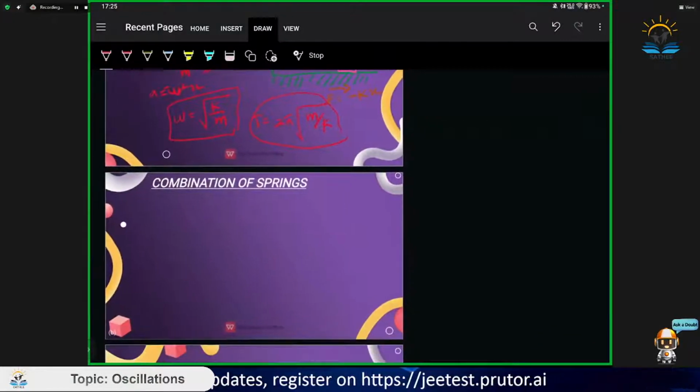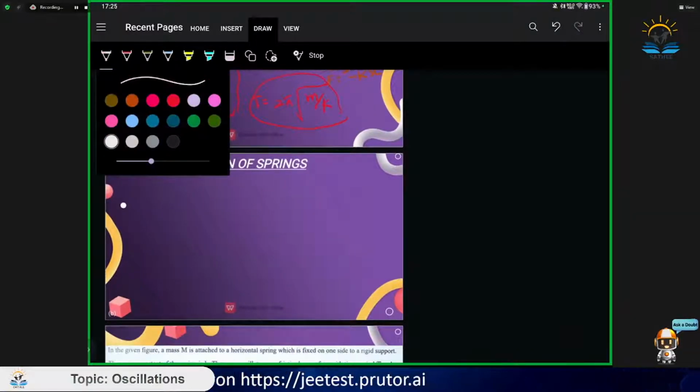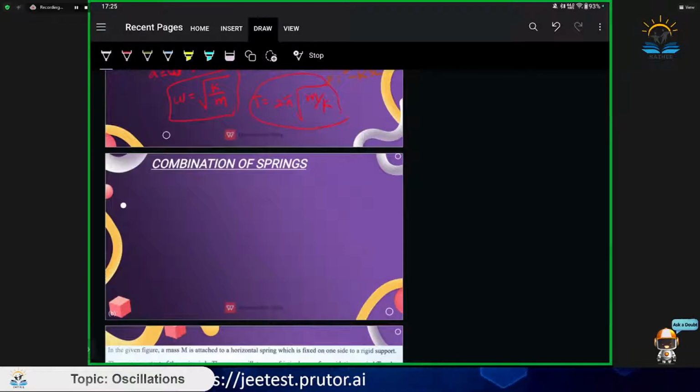Okay. Next, let's see combination of springs. In combination of springs also, it is just a simple concept. So okay, we have two cases.